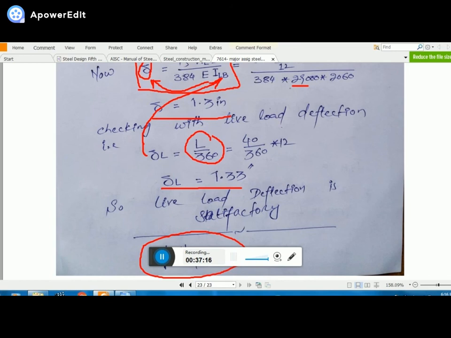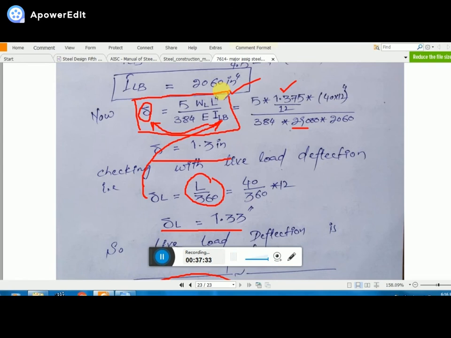If for example a beam section is given and they ask you to find such a section which can limit this deflection, then you have to use this procedure. You just need to plug this limiting value, 1.33, here, and pull out this value of I or ILB.